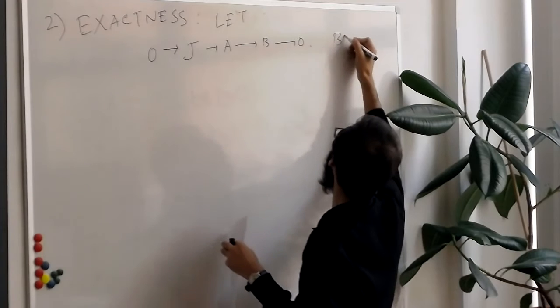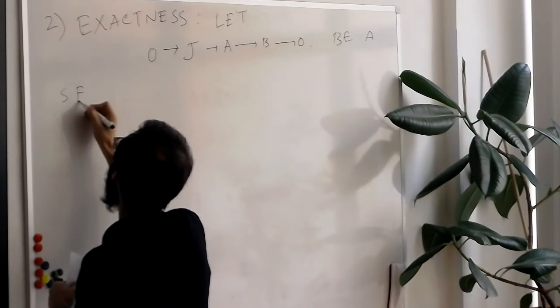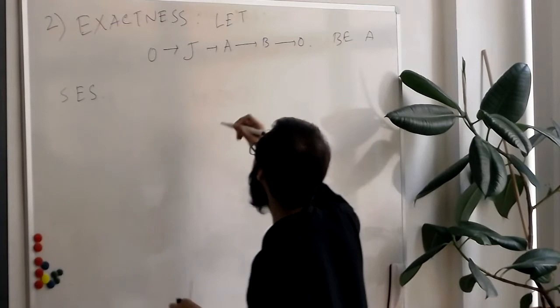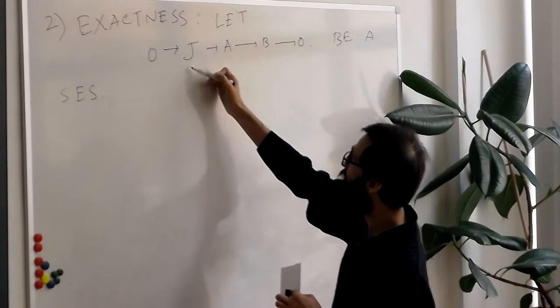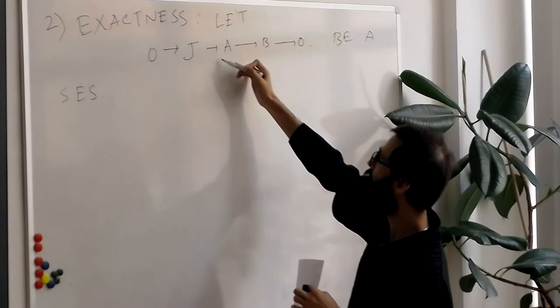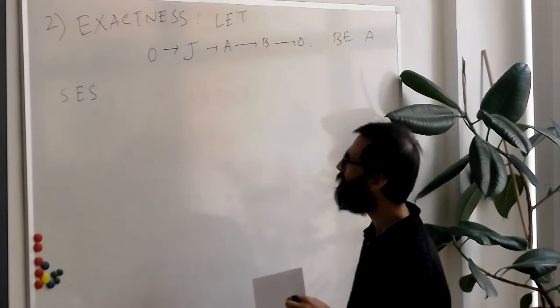Here, a short exact sequence, which means A is a C star algebra, B is a C star algebra, this is surjective, this is again another C star algebra, such that the embedding is the kernel of this one.